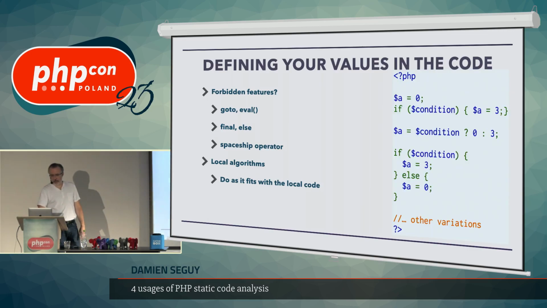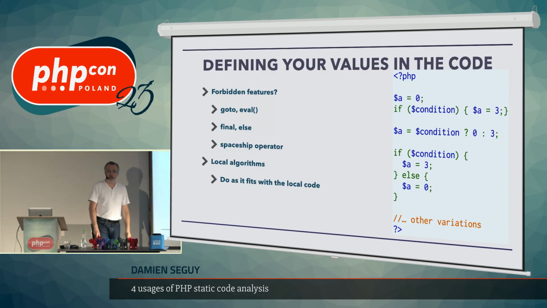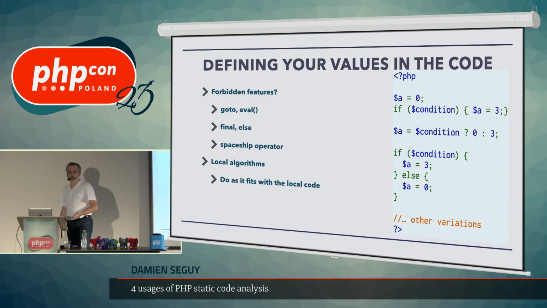And defining the values in your code means that you have to know that you don't want to use else, but you also have to translate that in all the workarounds that there are. Because the first one does not show any else, but there's pretty much an else for me. Just that you don't see it. It's like the A is defined first, and then there's an if condition, the else is just not written.